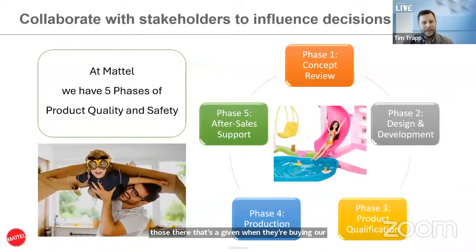At Mattel, we have 5 phases of product quality and safety. They go all around the whole product development cycle, including after-sales support. I'm just going to go through a few of these. Concept review: Mattel's quality team guides our product designers on quality and safety standards based on the applicable regulations of that product. We're also considering consumer feedback on previous products we made, any incident reports if people called us saying something happened with their product or to them when they're using our product, as well as our internally developed protocols.